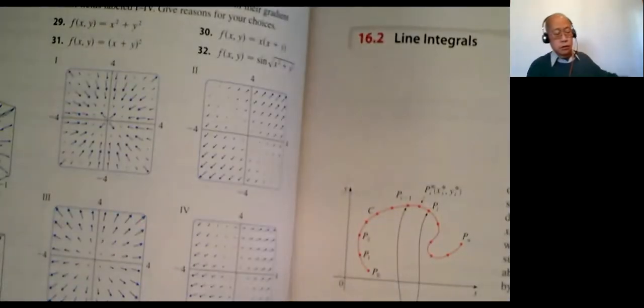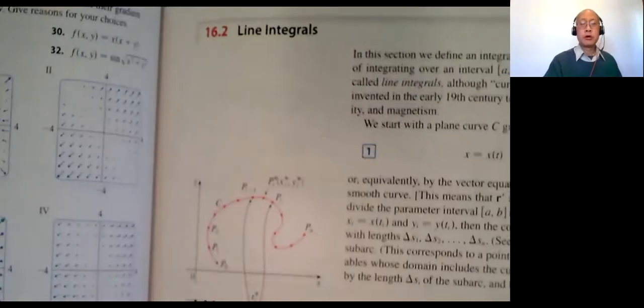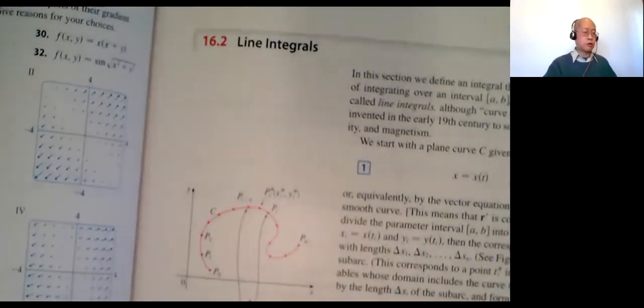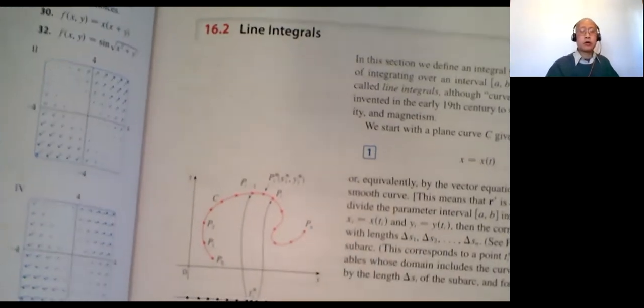All right, so 16.2, again, 16.2 will not be on next Thursday's test. We're doing line integrals, which is really a misnomer. It probably should be thought of as curve integrals. Okay, so we're integrating along a curve.